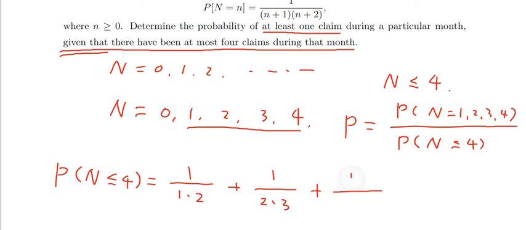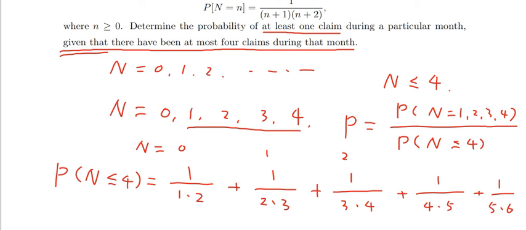N equals 2 is 3 times 4, and N equals 3 is 4 times 5. And the last one, N equals 4, is 5 times 6. Okay, so this is N at most 4.